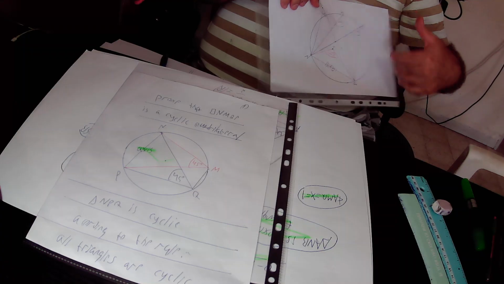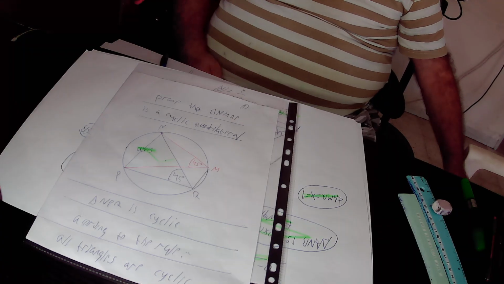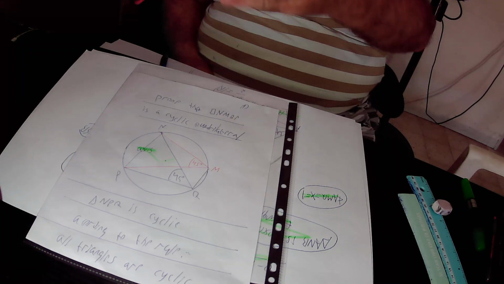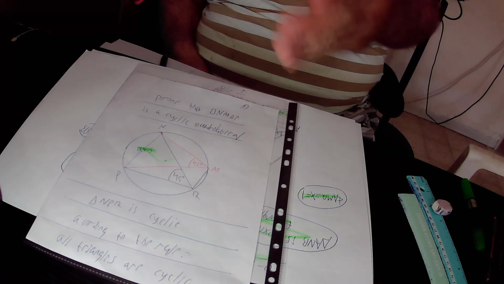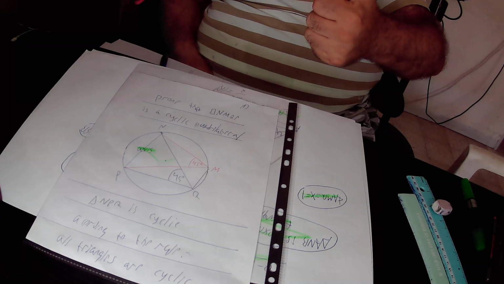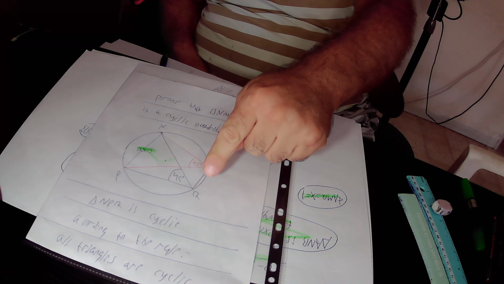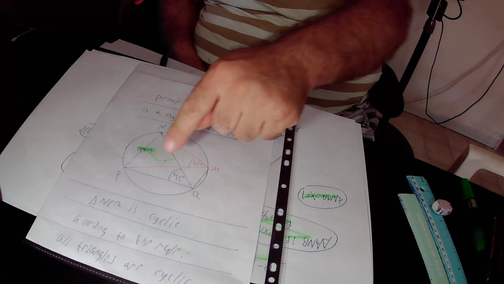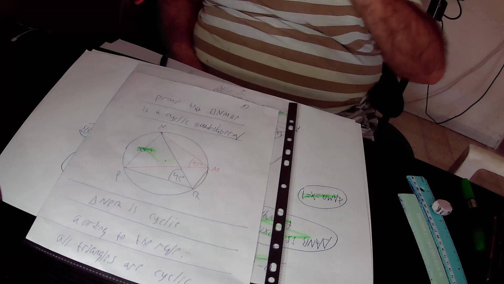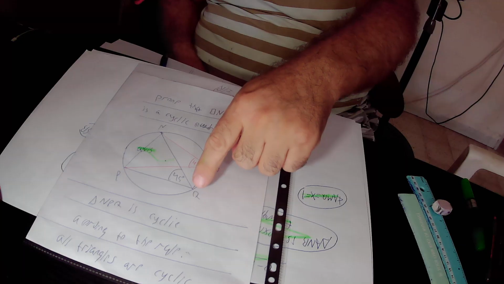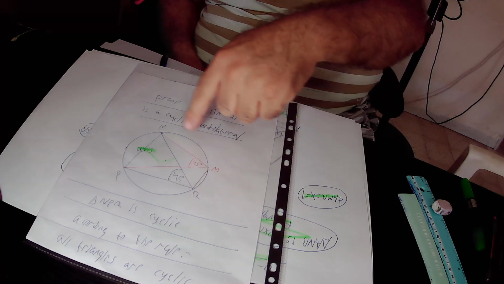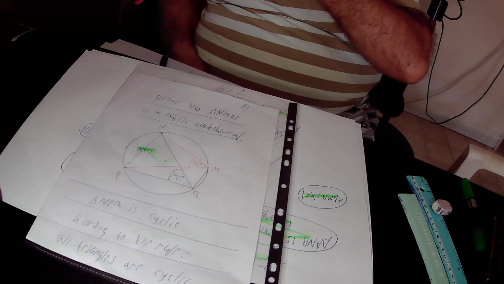And we have the rule that says that all the triangles in the world can be inscribed by a circle. For that reason, we can inscribe this triangle QNP by this circle. Okay?